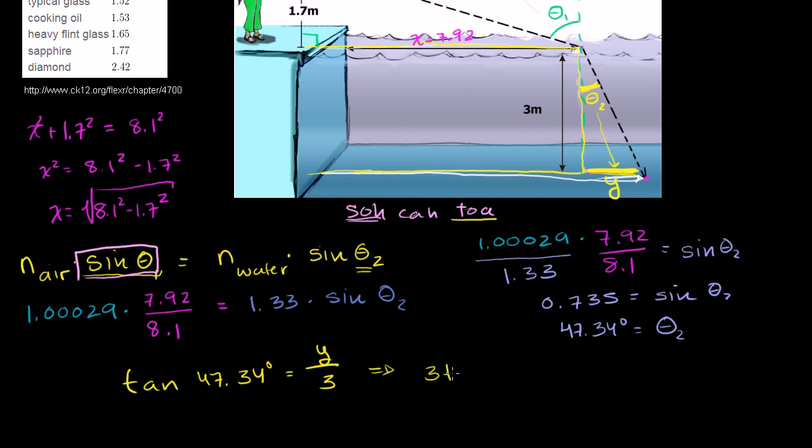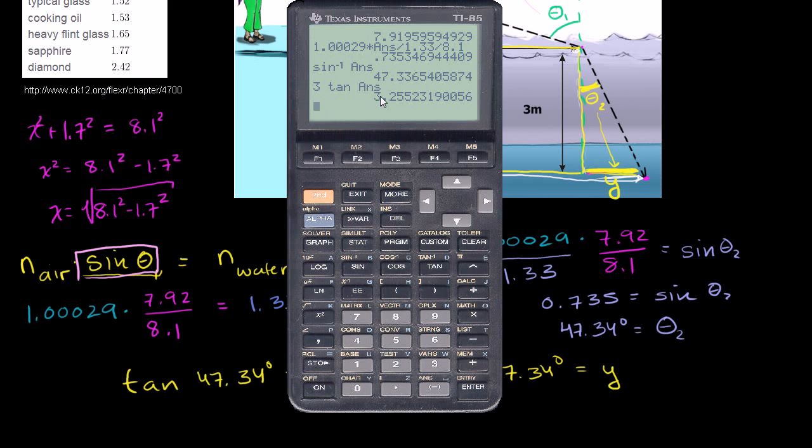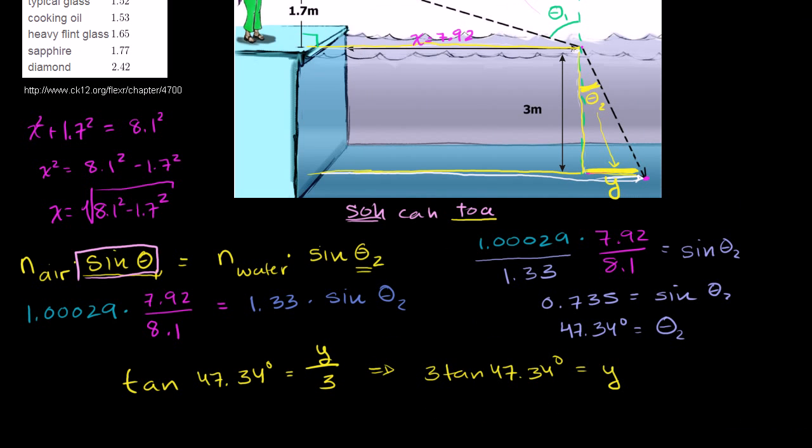You get 3 times the tangent of 47.34 degrees is equal to y. Let's get the calculator out. 3 times the tangent of that 47.34 degrees, I'll use the exact answer, is 3.255.